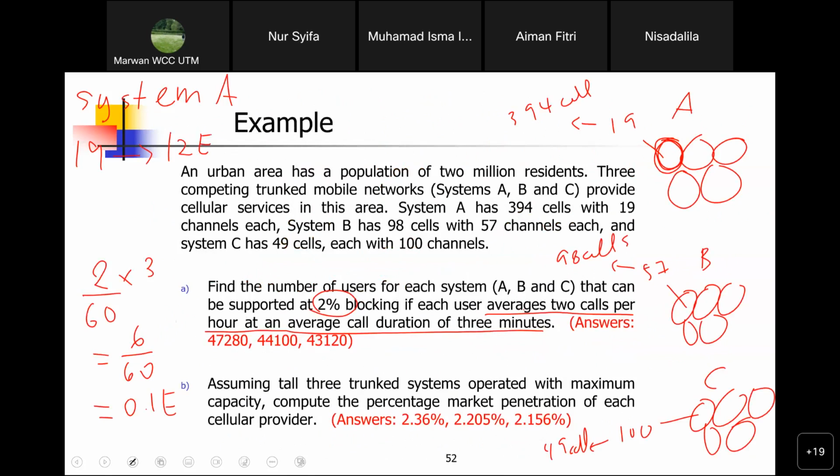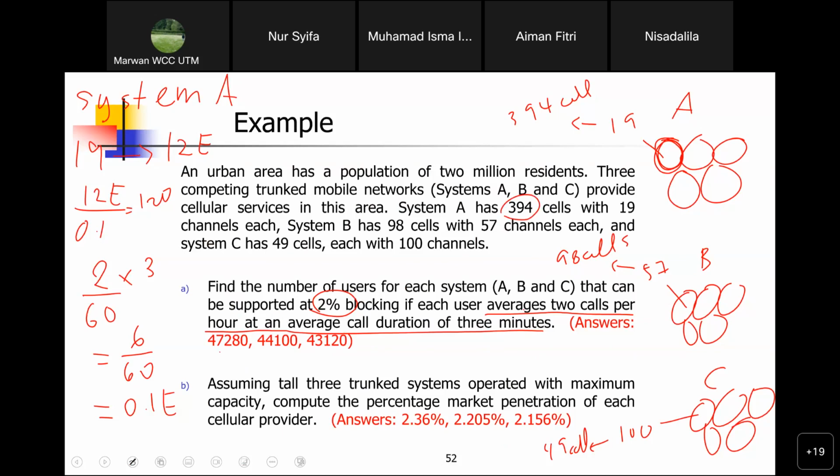If it is 12 Erlang, how many users can you serve per cell? It's actually 12 Erlang divided by 0.1. That gives you about 120 users per cell. How many cells does system A have? 394. Please multiply that, 120 times 394.